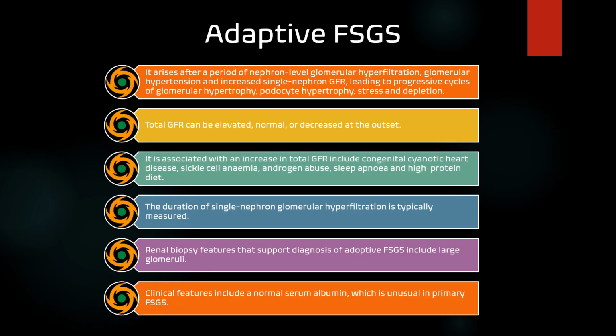In context of adaptive FSGS, it arises after a duration where nephron level glomerular hyperfiltration and glomerular hypertension, and increased single nephron glomerular filtration rate are at higher levels, leading to progressive cycles of glomerular hypertrophy and podocyte hypertrophy, and stress and depletion as well.